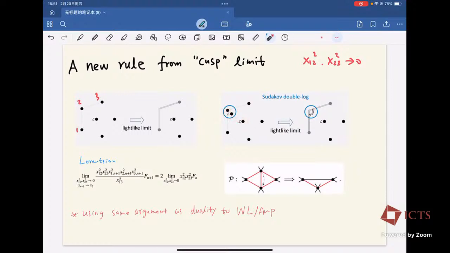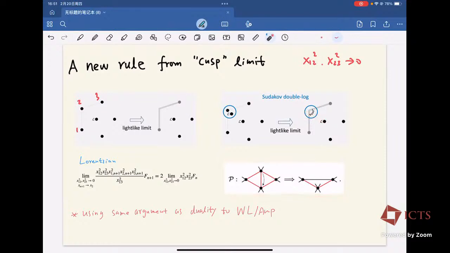Translating to the rational function, it looks like that. Remember, this is something you can only do in the Lorentzian signature, where you have to take these 2 light-like limits. But by using the same argument as the proof of duality to the Wilson loop, you show that the leading divergence is given by a 1 loop diagram, where you just have the Sudakov double log from this pinching. And that gives you a very nice rule.